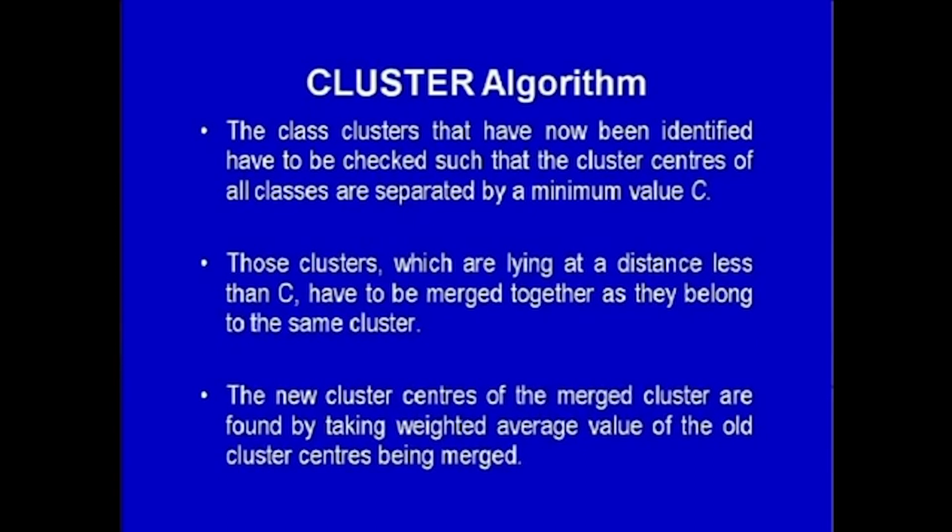The class clusters that have now been identified have to be checked such that the cluster centers of all the classes are separated by a minimum value C. Those clusters which are lying at a distance less than C have to be merged together as they belong to the same cluster. The new cluster center of the merged cluster is found by taking the weighted average of the old cluster centers being merged.